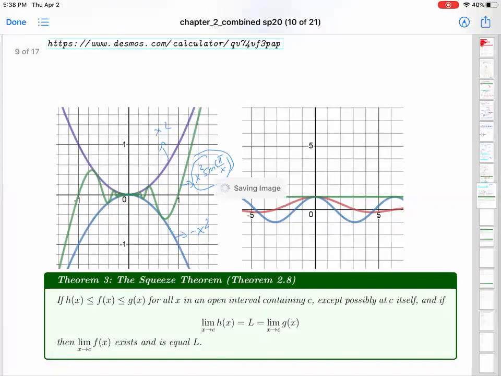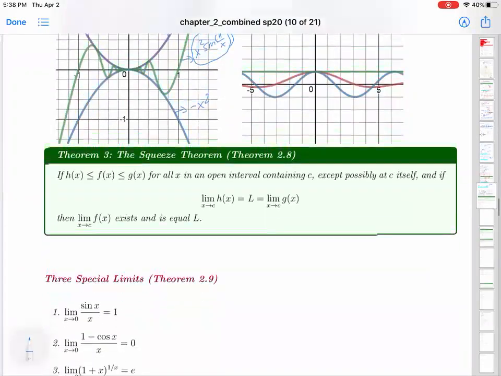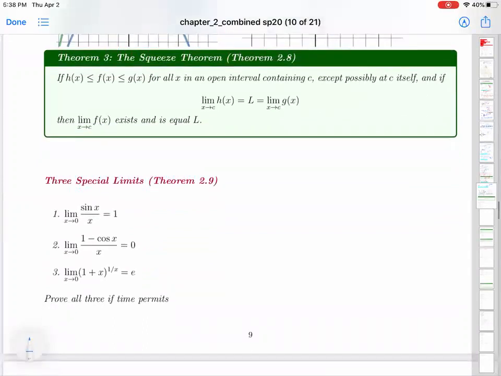So that is the squeeze theorem, actually. The squeeze theorem tells you that if you have three functions, h of x is less than or equal to f of x, which is less than or equal to g of x, that means the function f of x is squeezed in between h of x and g of x, for all x in an open interval containing the value c, except possibly at c itself, right?